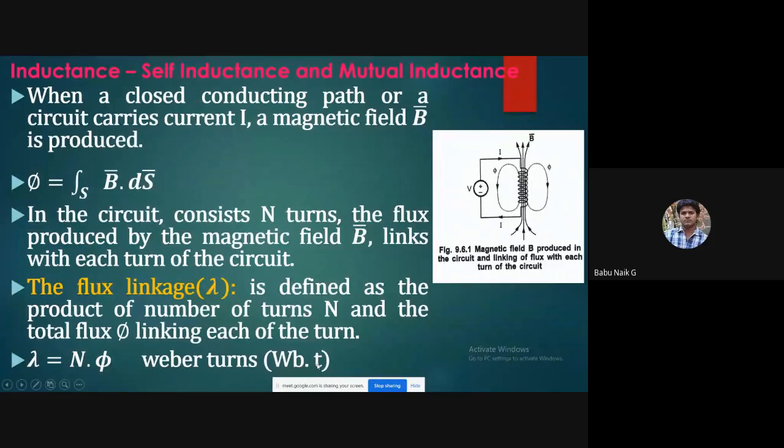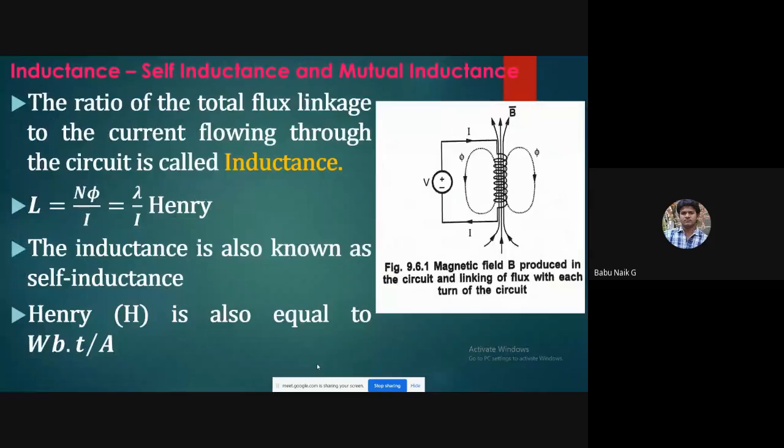That is lambda. With this we come to the main concept of inductance. Inductance can be defined as the flux linkage, that is the number of turns times the flux produced, per unit of current flowing through the circuit.